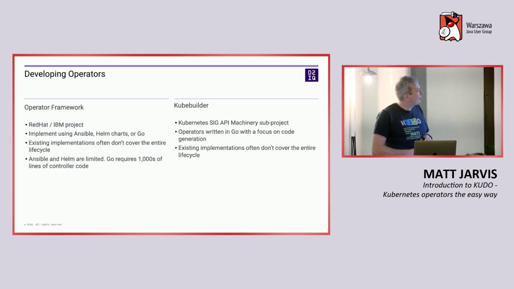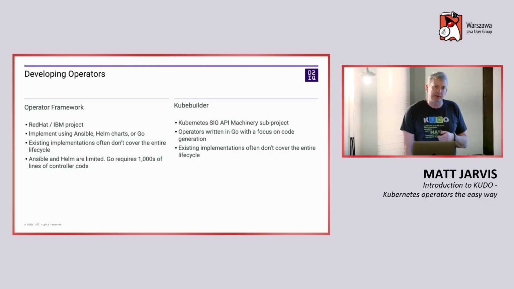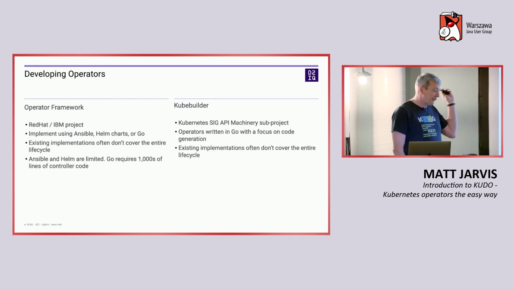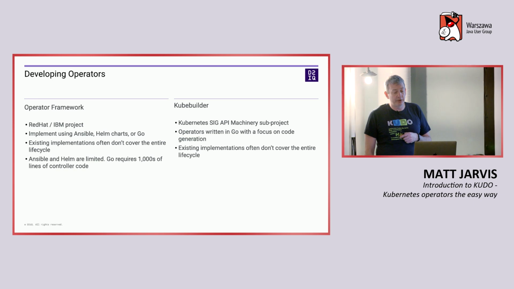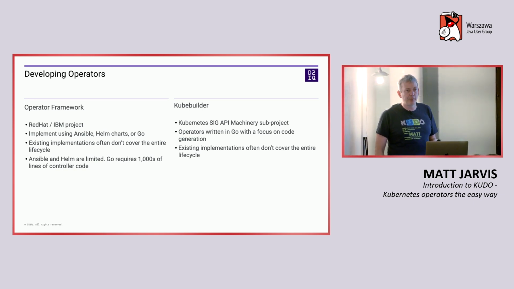And up until now, there have been two main ways of building operators, although there are a few other ways these days. The first one's the operator framework. This originated inside CoreOS, whose engineers originally coined the idea of operators.